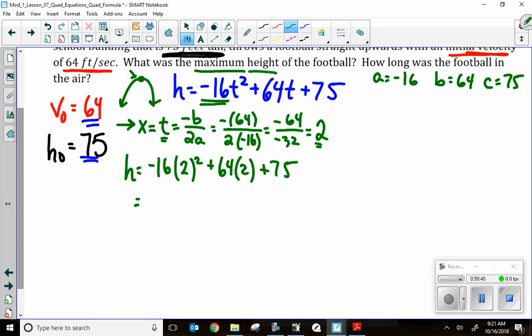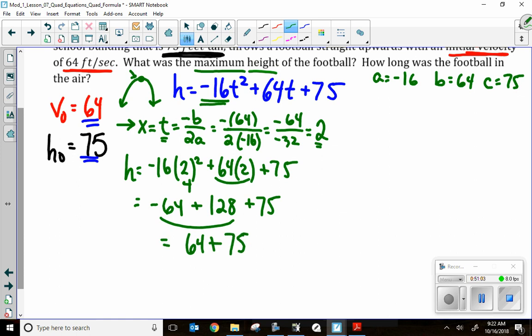We have 4. That's 2 squared. Times negative 16, that would be negative 64. Plus 2 times 64 is 128. Plus 75.